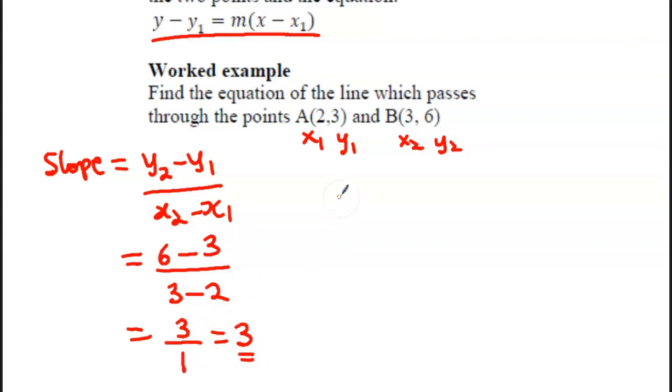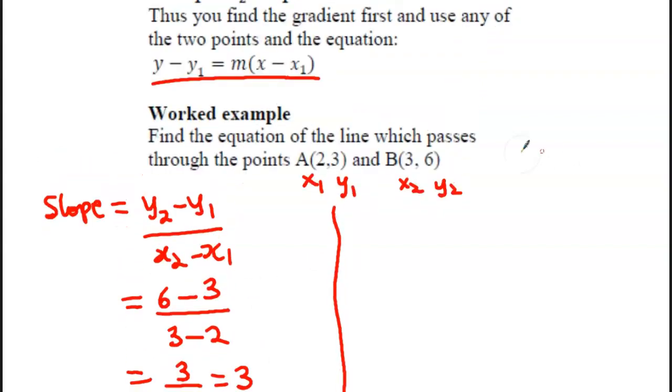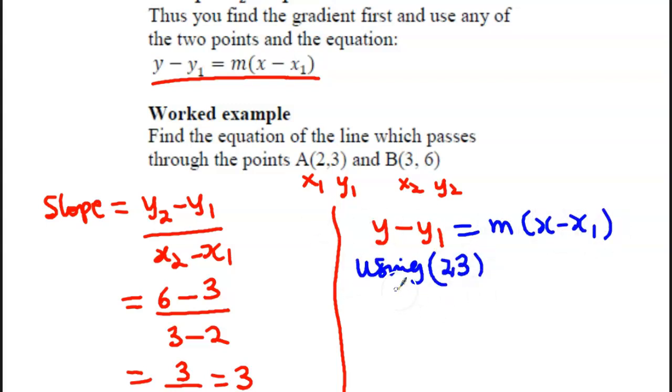Then use this and any of the points. You can use this point, you can use that point. We know the equation is y minus y1 is equal to m times x minus x1. So using the point 2, 3, we have y minus 3, which is equal to the gradient, 3, times x minus 2.